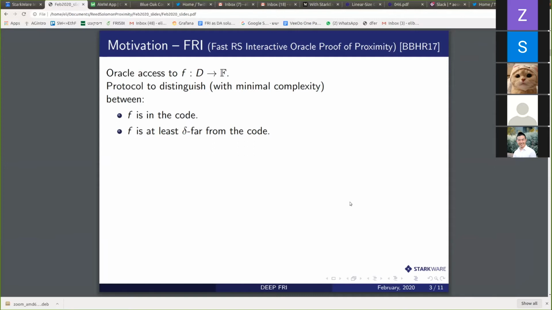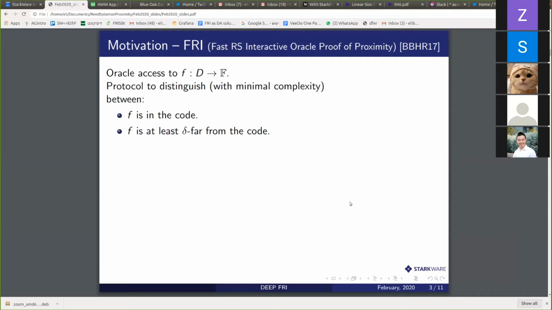And all the protocols that we're going to define will have perfect completeness, meaning that if f is in the code, you will accept with probability 1. So your soundness error, the soundness would mean that in the second case, you would like to reject with as high a probability as possible, and that's the soundness.